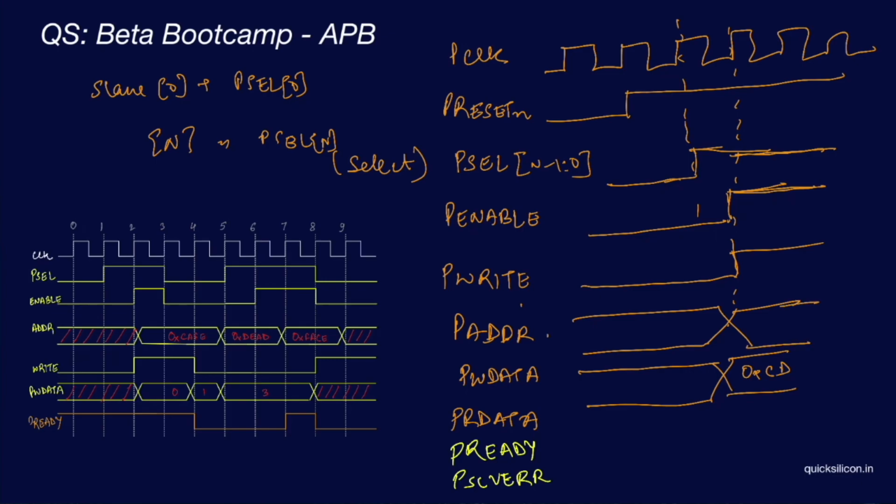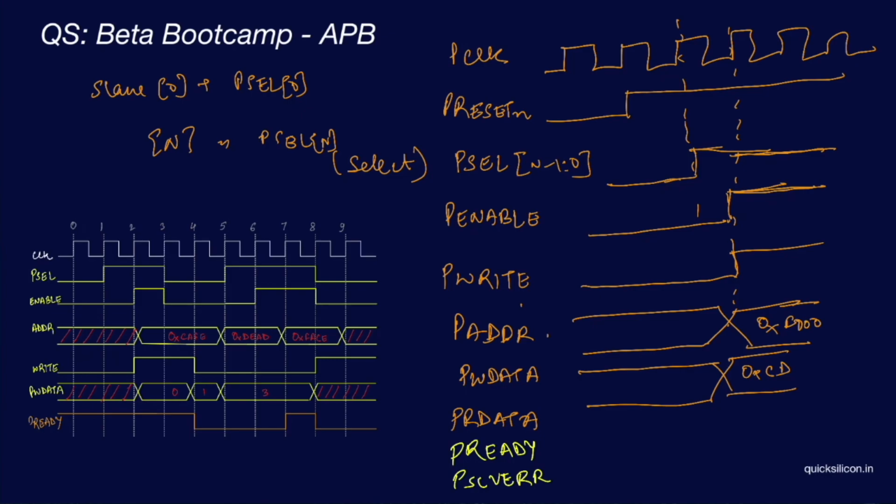So it can also be, let's say, F000. Okay, so we were here, right? We got a p sel, we got a p enable, and at that particular point, your p write, p address, p write data should remain stable, and they need to remain stable until your slave asserts the ready signal.